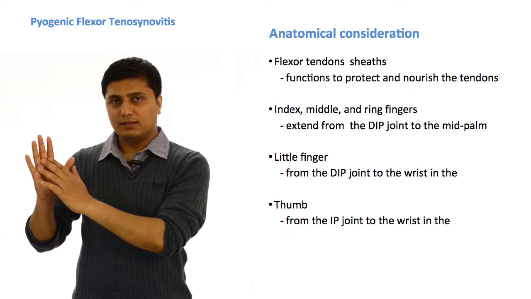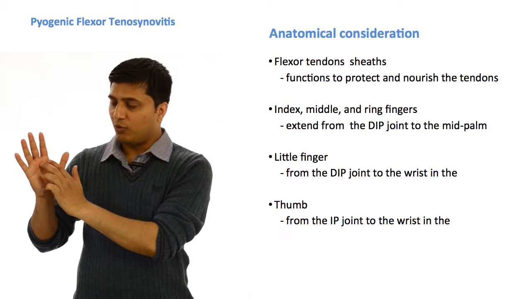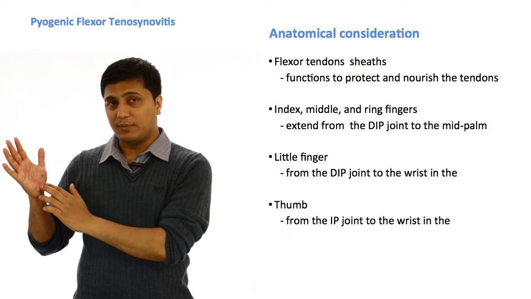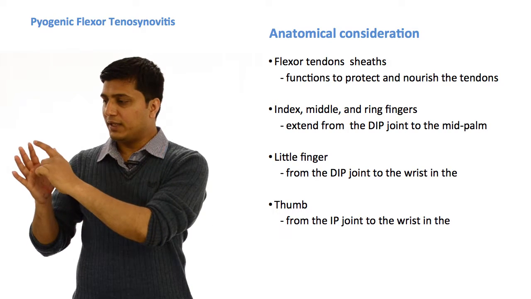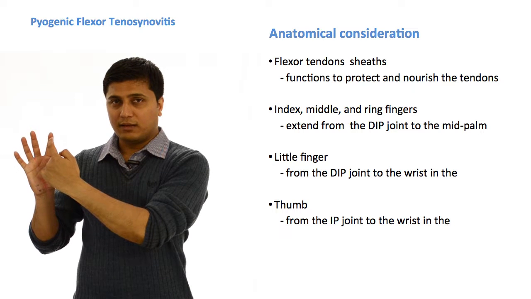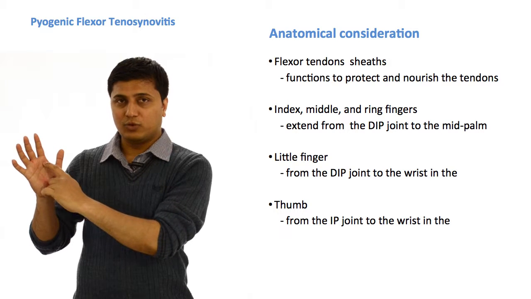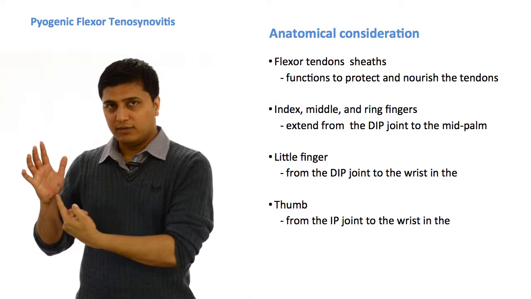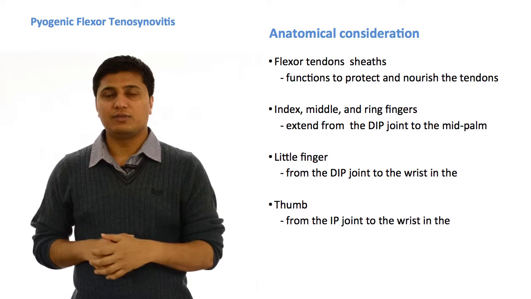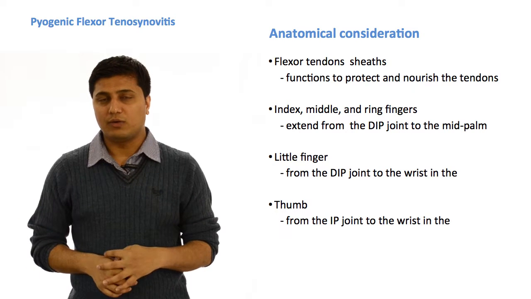Whereas the flexor sheaths of the index, middle and ring fingers extend only up to the MCPJ, so we don't need to make a separate incision here, but their incisions will be one at the level of the distal phalanx and one at the level of the MCPJ. The cruciate incisions are made, and you irrigate, wash out and drain the pus, send the pus for culture and sensitivity, and you should have started IV antibiotics already anyway.